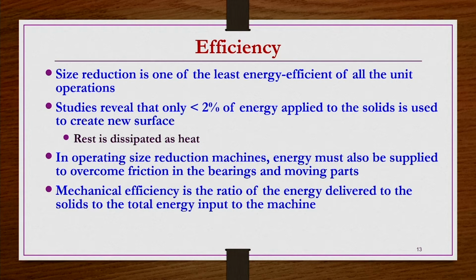So, mechanical efficiency is the ratio of the energy delivered to the solids, which are being reduced to form new surface, to the total energy input to the machine. This efficiency in general is very small, between 25 to 60%.